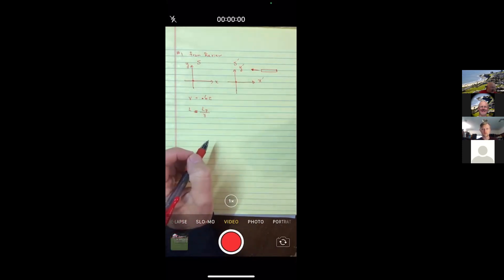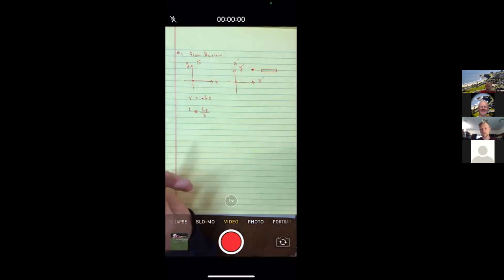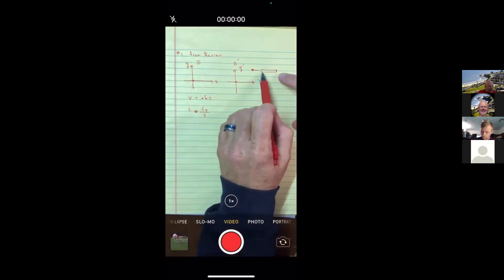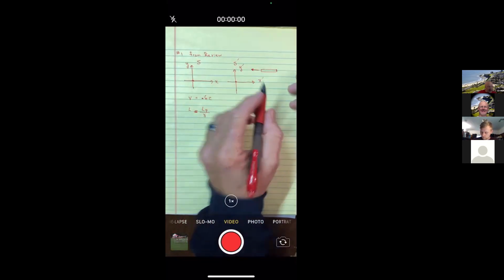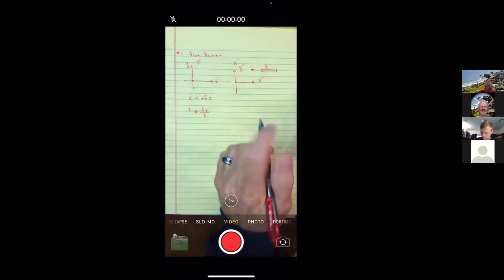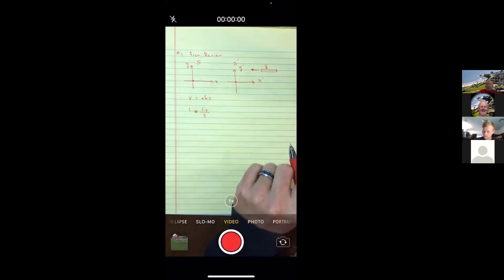Proper length is the length you would measure if you are essentially not moving relative to it. So when they tell me that the proper length is 1 meter, they would be saying that if somebody was standing on it, moving along with it. I have to be careful with that moving, because moving relative to what?